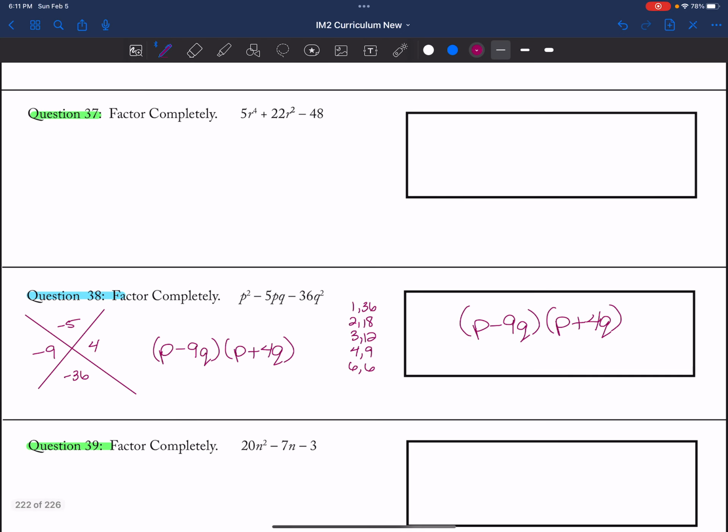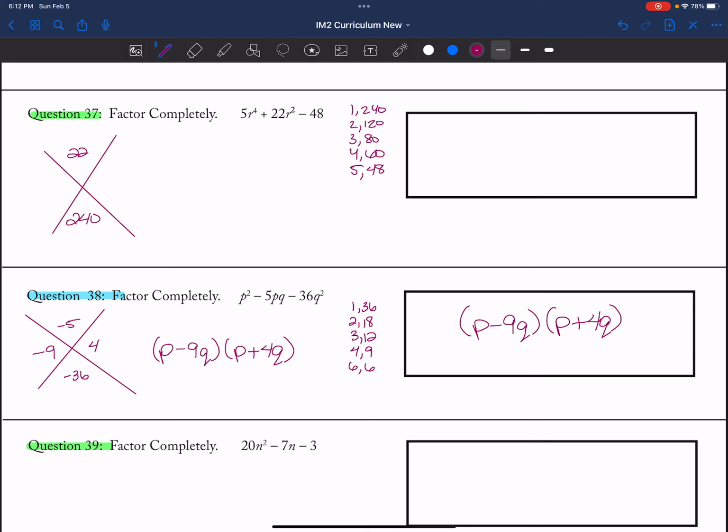37. Okay, so you have 22 on the top, and you have 48 times 5, 240 on the bottom. So then factors of 240: 1 and 240, 2 and 120, 3 and 80, 4 and 60, 5 and 48.